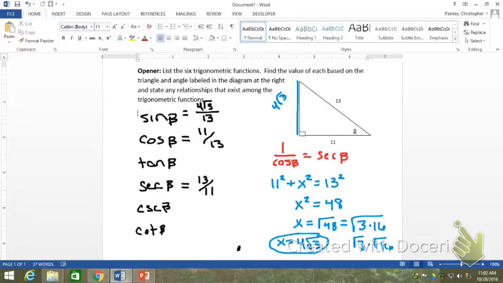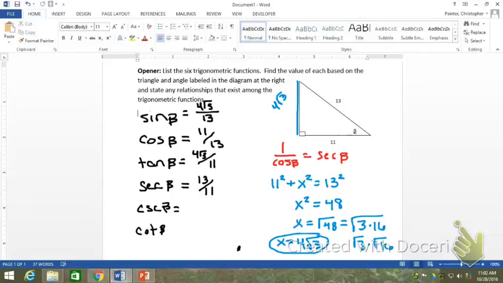What's tangent? Michaela? 4 square root of 3 over 11. What's cosecant? Josh? Isn't it the reciprocal of sine?